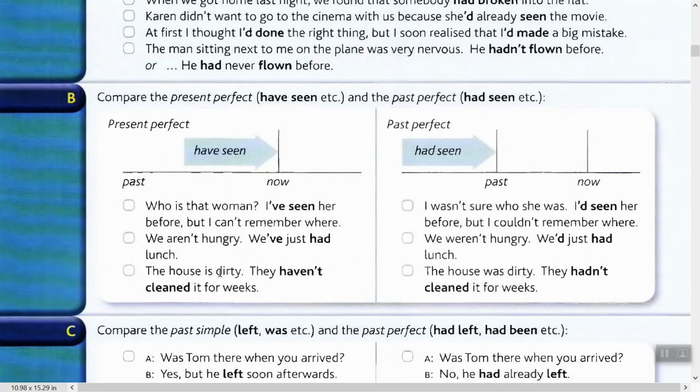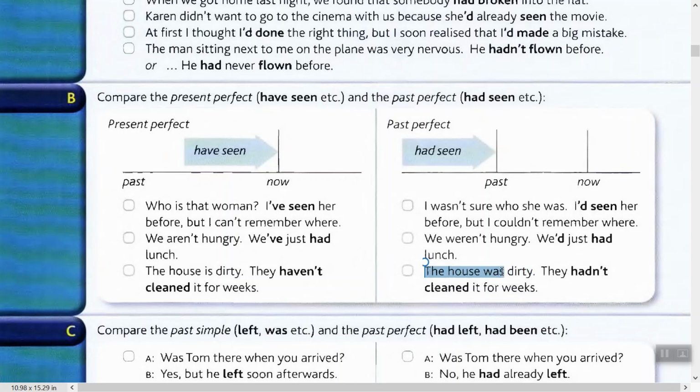Now the house is dirty. You come into the house and you see that the house is dirty. They haven't cleaned it for weeks. See, now the house is dirty. They haven't cleaned it for weeks, from the past till now. So this is present perfect. Now we repeat it as past perfect.